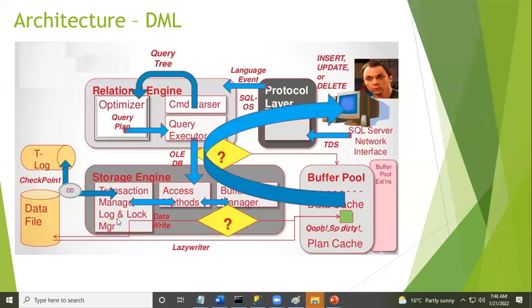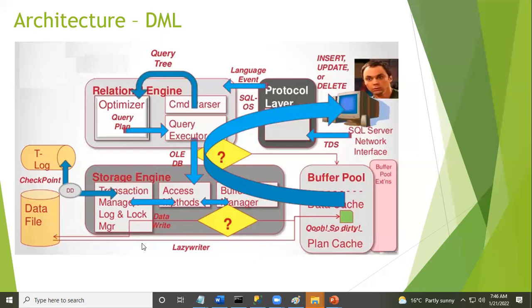For example, as I told you, the modifications, for example an update, whatever DML operations, and we are modifying that. If we do any modifications, what does the log manager do? The log manager will write the transaction log, whatever the transactions, from the log cache in memory to the transaction log file before we modify that data page, right?